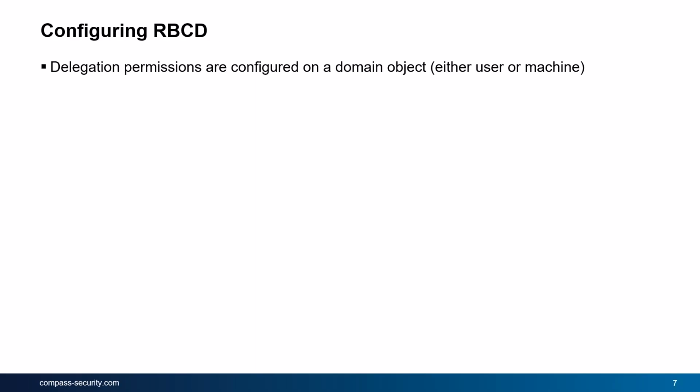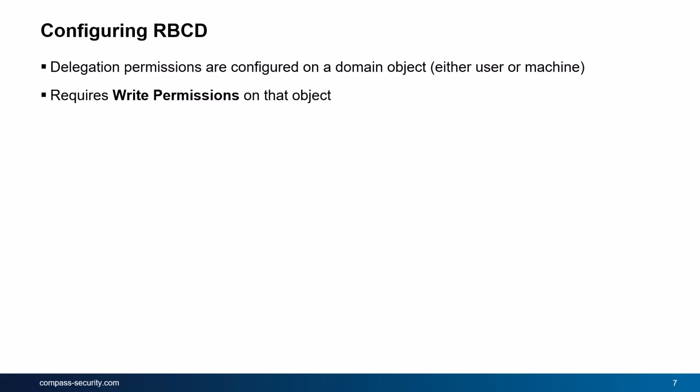Now, when you want to configure a resource-based constraint delegation, again, this is done on the respective domain object, but now on the backend service as mentioned. Still, that can be a user or a machine account. And what you require for this is only write permissions on that specific object.